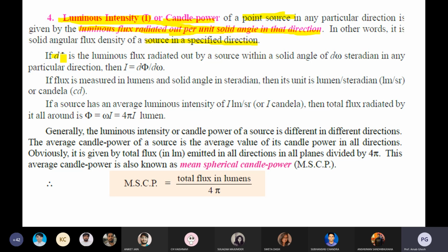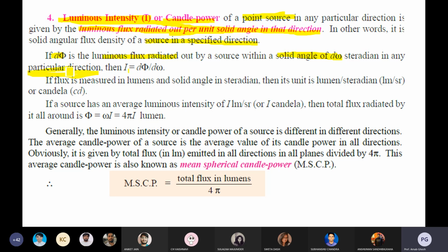Luminous intensity, d phi: the luminous flux radiated out by the source within a solid angle change d omega, steradian, in any particular direction.